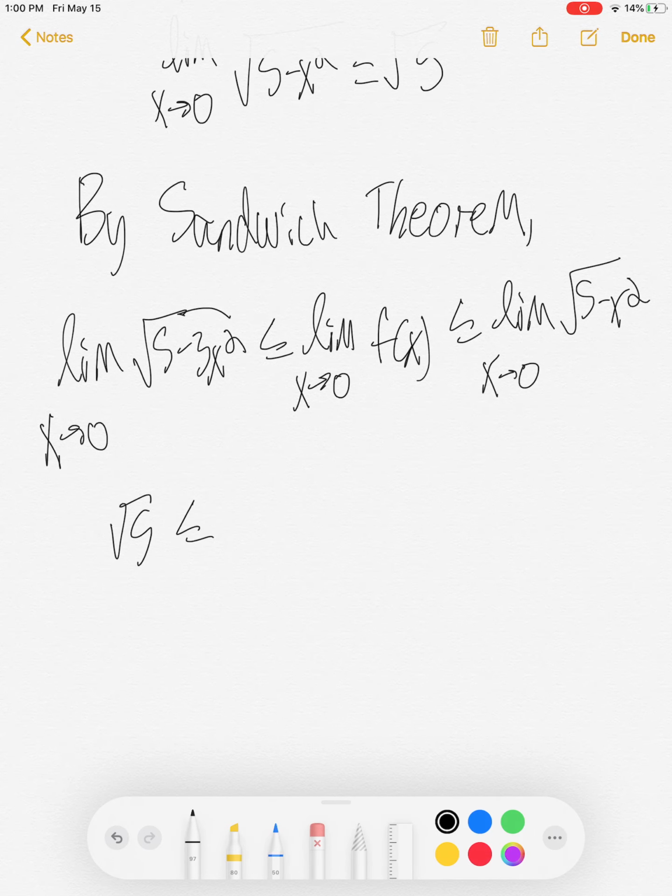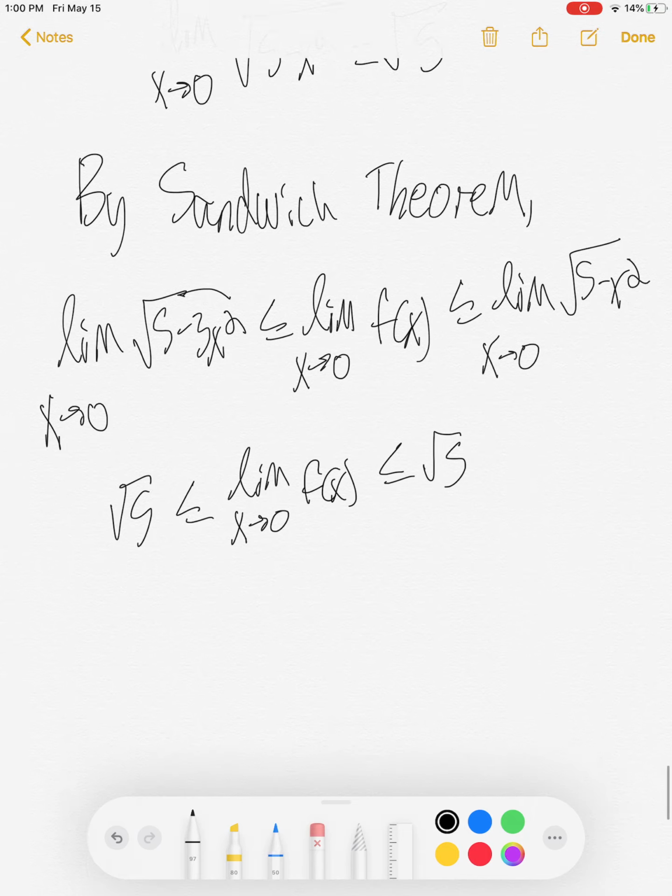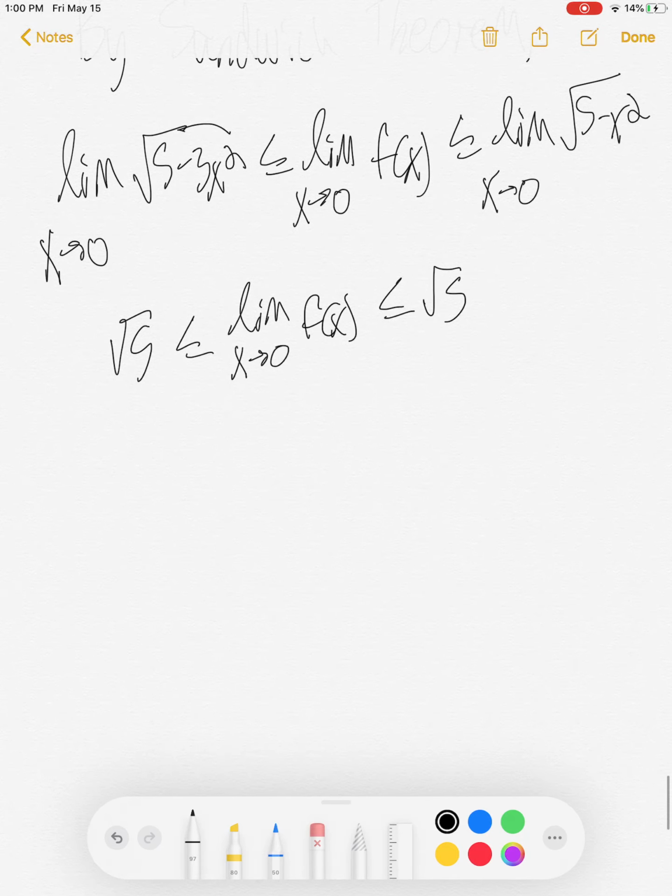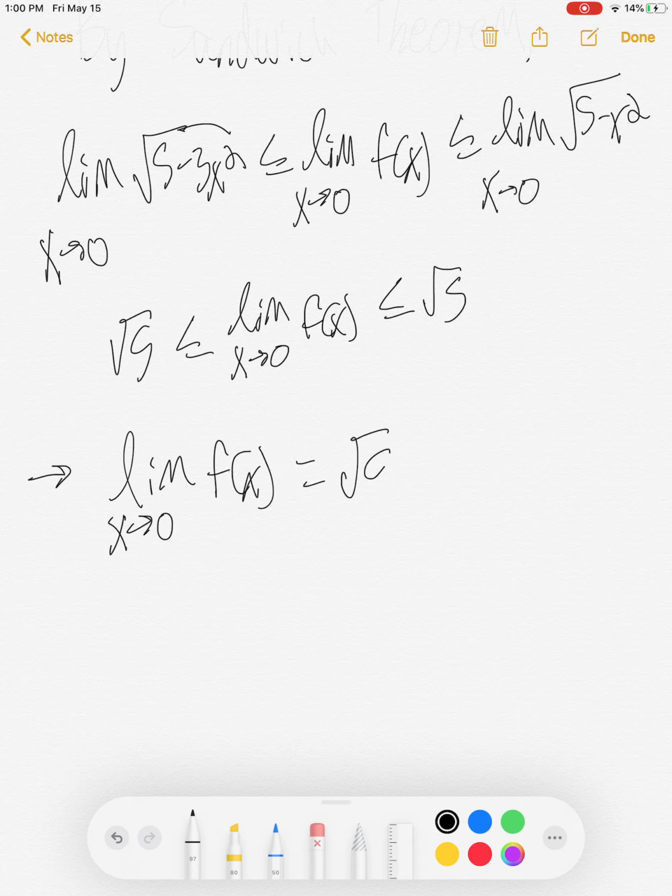Well, this left-hand limit is just root 5, less than or equal to the limit as x approaches 0 of f of x, which is less than or equal to root 5. So the limit as x approaches 0 of f of x is both less than or equal to root 5 and greater than or equal to root 5, which means that it must be exactly equal to root 5.